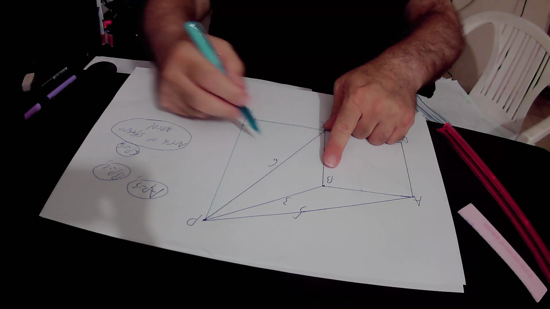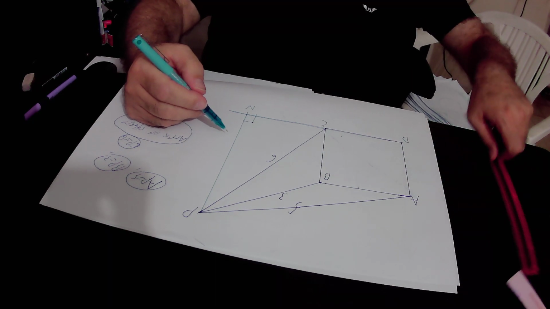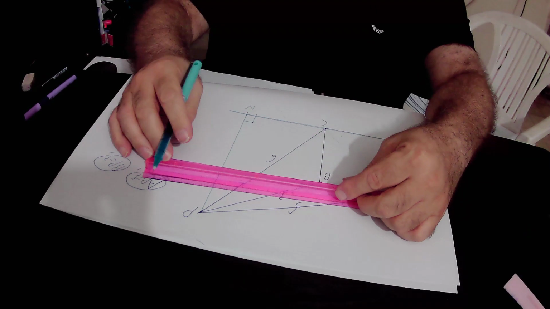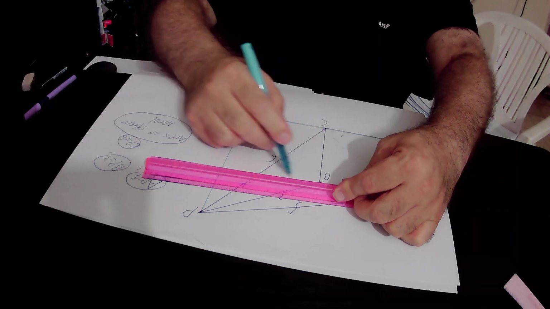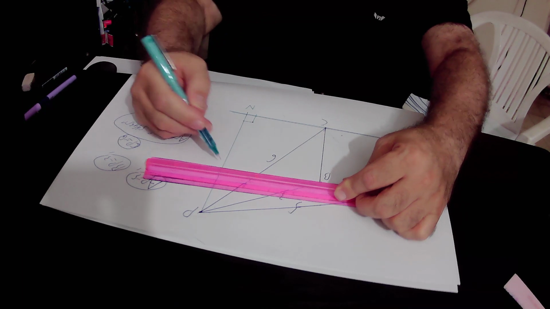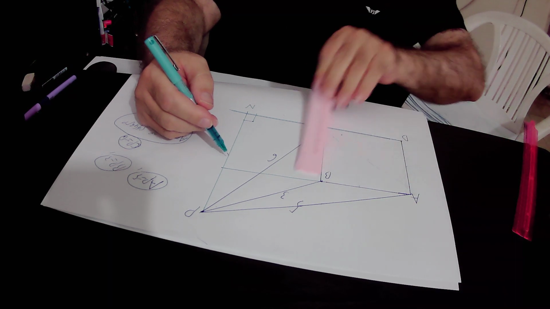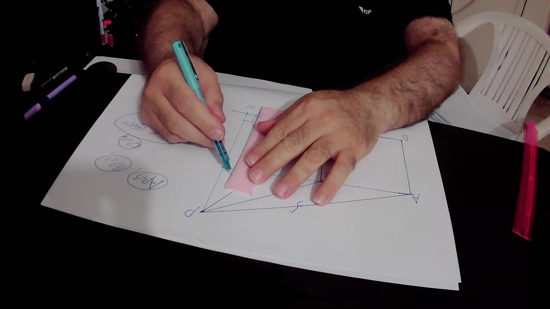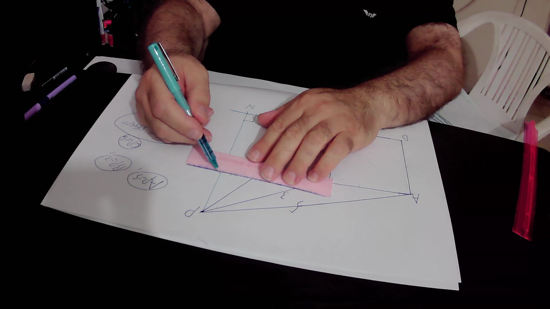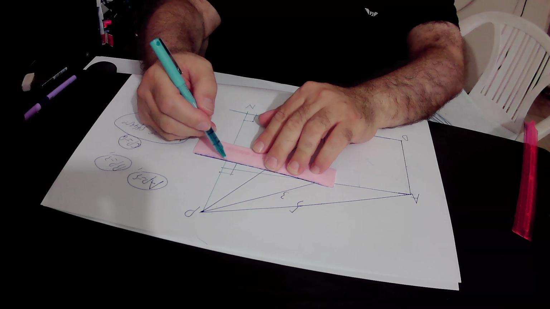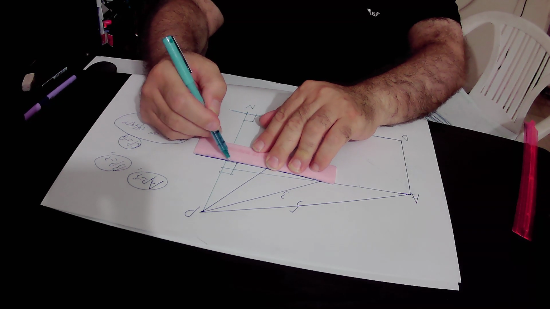Again, from point B we will draw a perpendicular on PN. So this angle equals 90 degrees, and this angle also equals 90 degrees according to our construction.